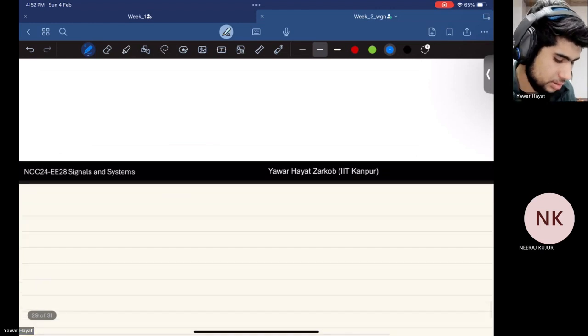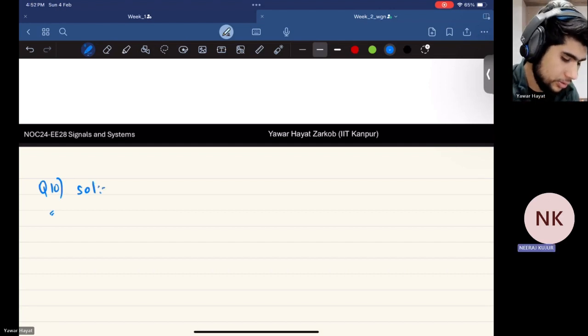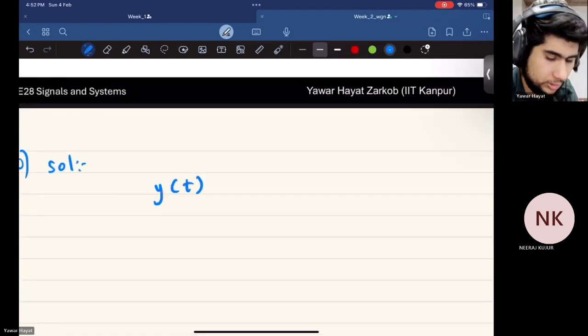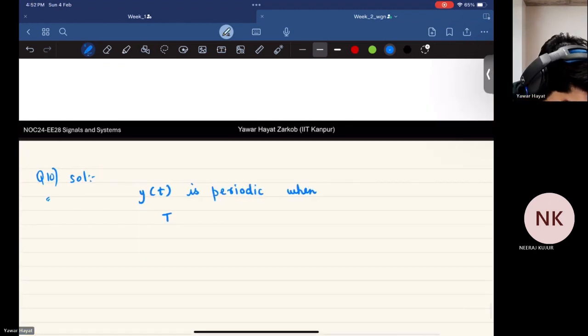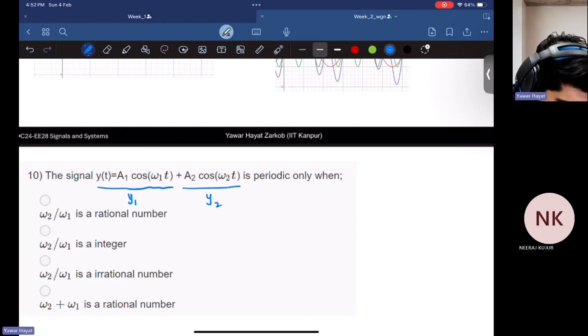So y of t is periodic when, suppose this signal is y1, this signal is y2, and the corresponding time periods are T1 and T2.